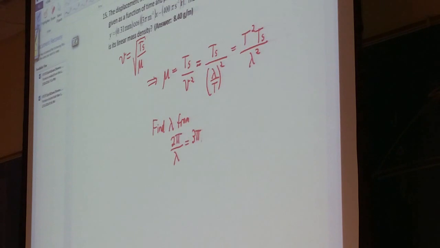So 2 pi over lambda is 3 pi, and that means that lambda is going to be equal to 2/3, because the pi's cancel each other. Let's write this in decimal form. So this is 0.67 meters.